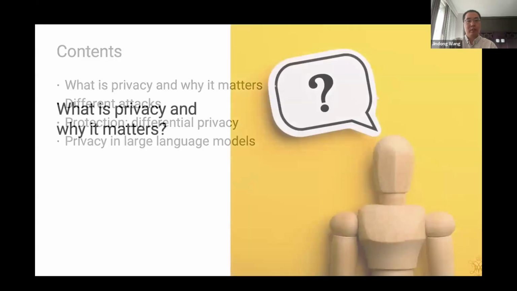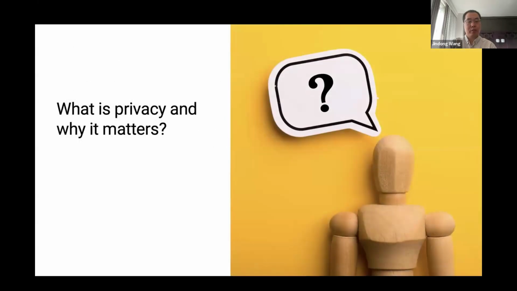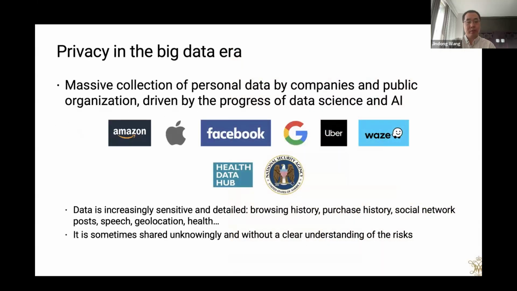Okay. So let's get started with the first session, which is what is privacy and why does it matter? Everybody knows that we are living in a big data era, most importantly, massive collection of personal data by companies and public organizations driven by the progress of data science and AI.